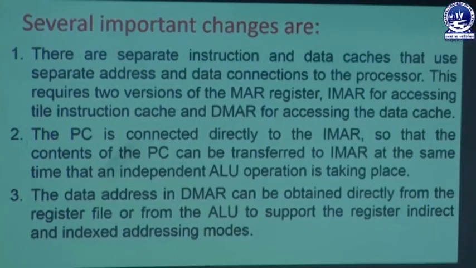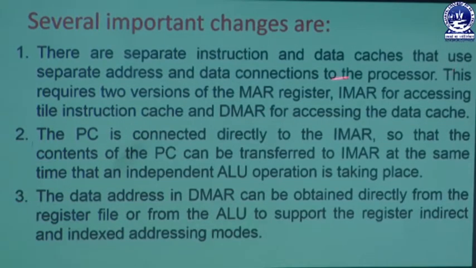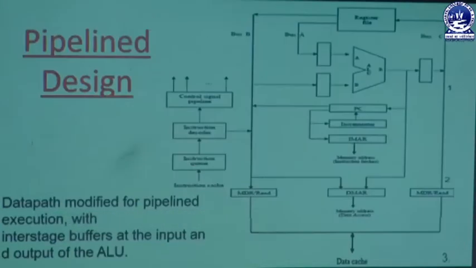So what are the changes we have made? There are separate instruction and data caches that use separate address and data connections to the processor, and this requires 2 versions of the MAR register, IMAR for accessing the instruction cache and DMAR for accessing the data cache. Okay. So basically there are 2 caches which we have used here.